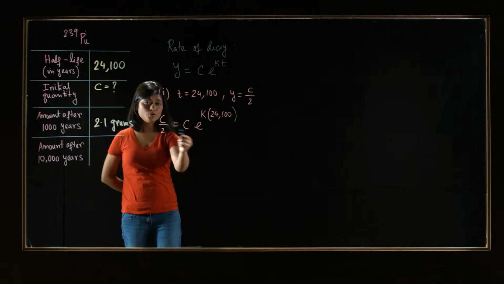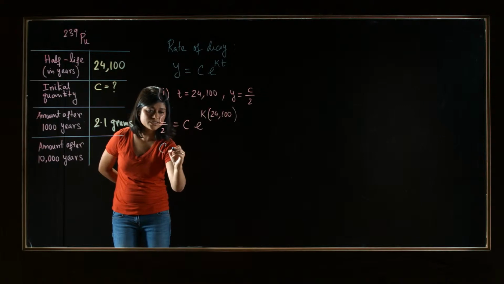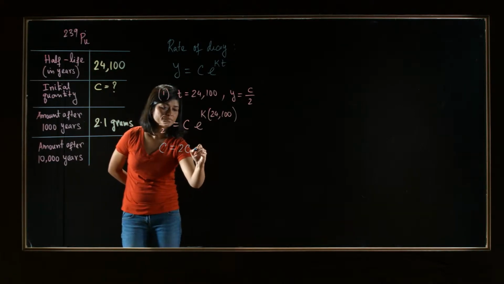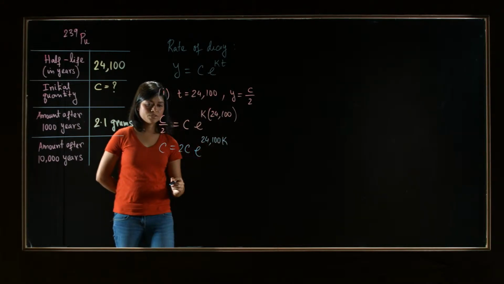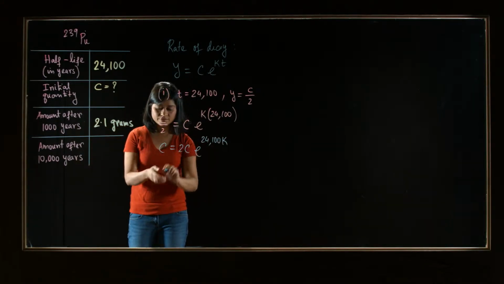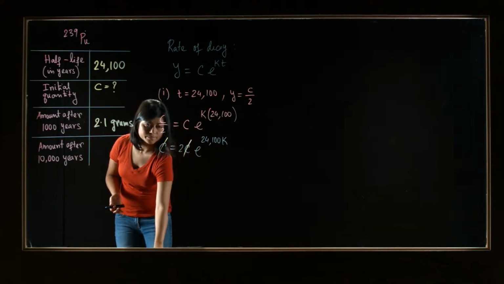Let's multiply both sides by 2 so we don't have this fraction. We get c is equal to 2c e to the 24,100k. Notice right away, since both sides of the equation have c, we can cancel the c.